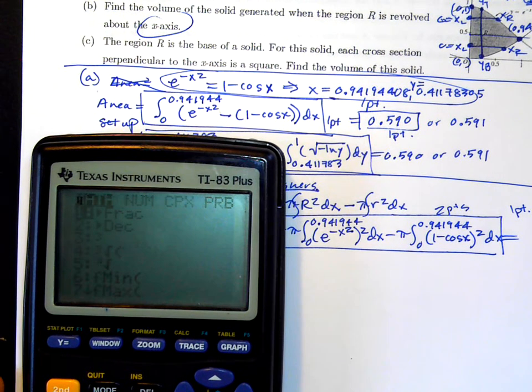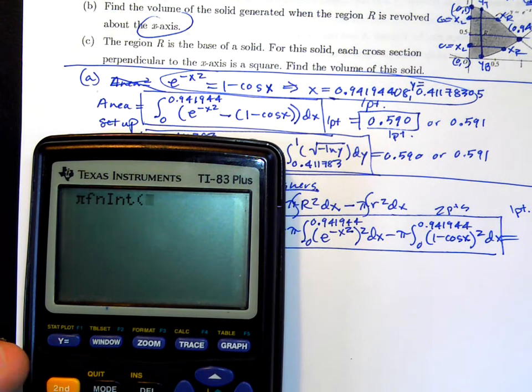Pi, math 9, parentheses, e to the negative x squared.